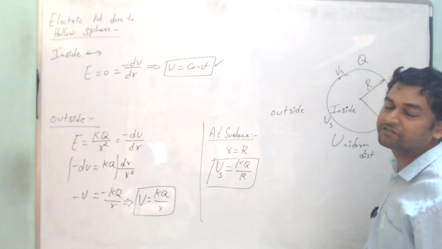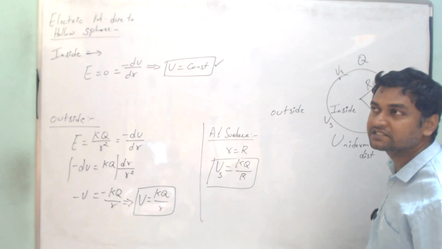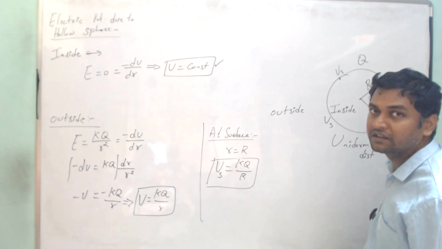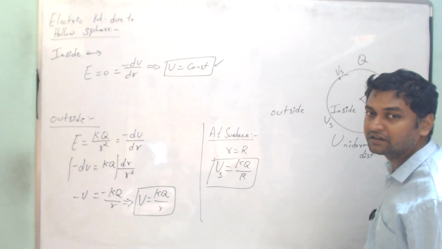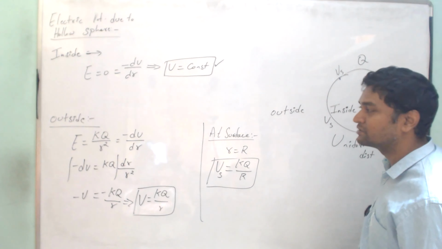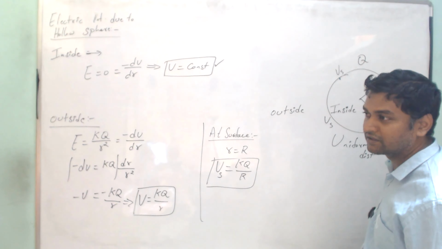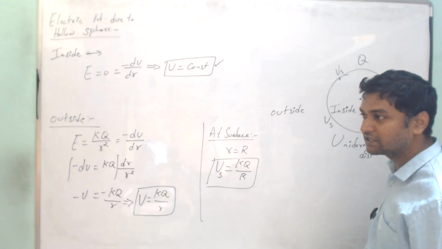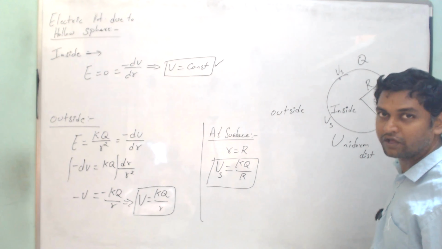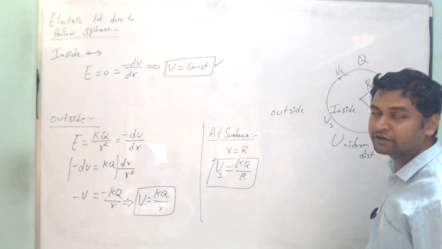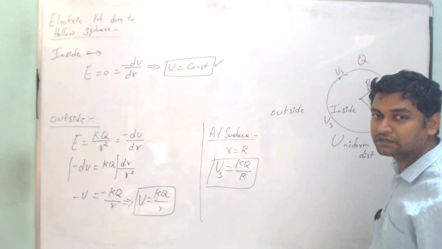So how should it affect the potential? Radius is a geometry, but the potential is dependent on R. The potential is KQ by R. Is it dependent on R inside or outside?